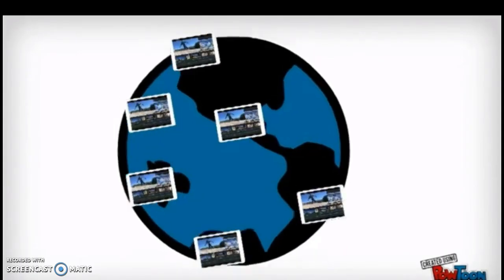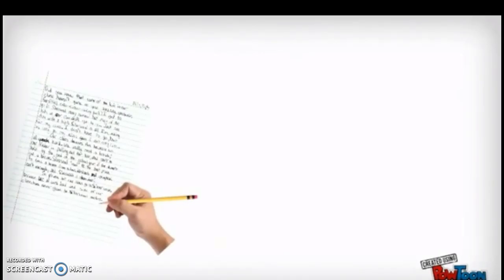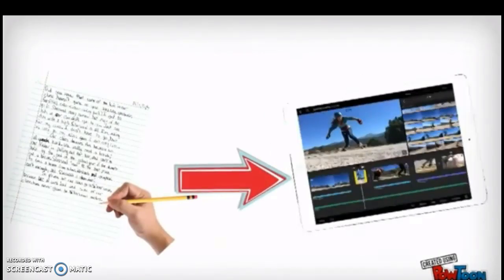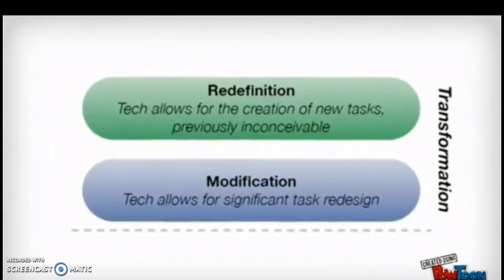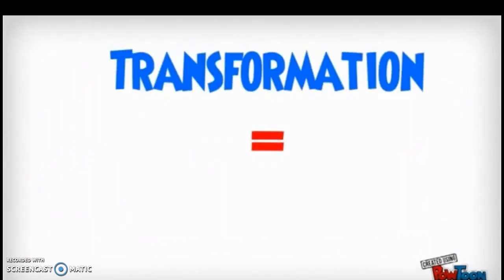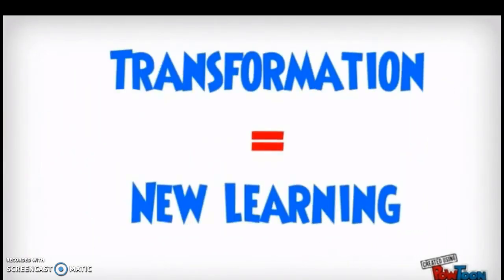So the heart of the assignment is still the same, but the technology allows them to engage in a new, more involved task that's otherwise not possible. At these levels, learning is transformed through the use of technology. When we are more engaged and involved, significant improvements in learning are more likely to take place.